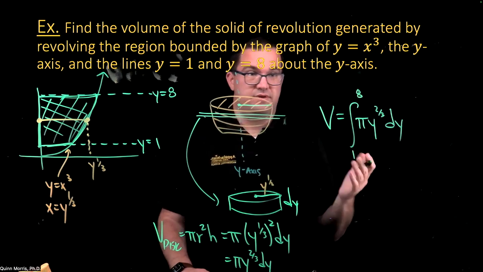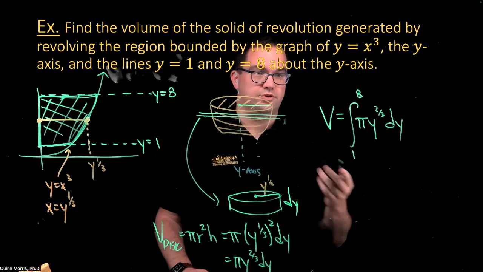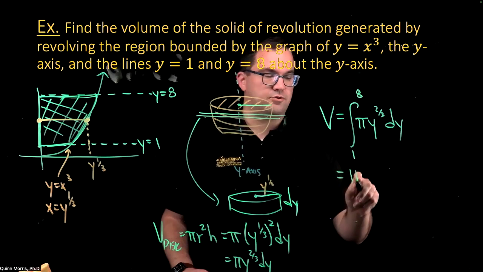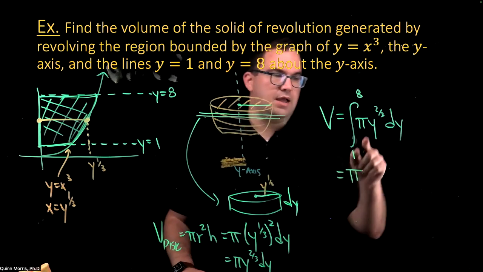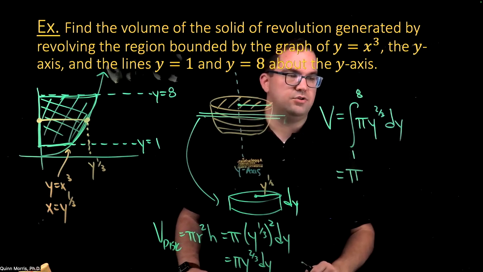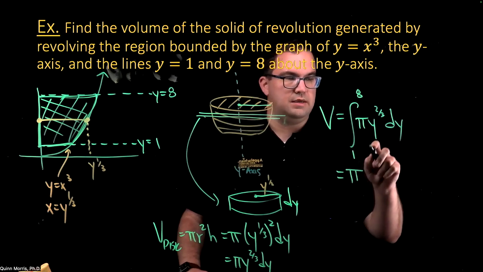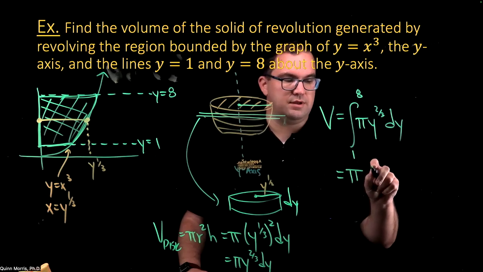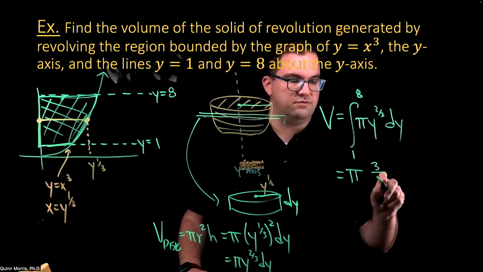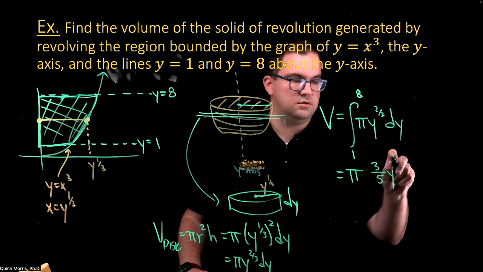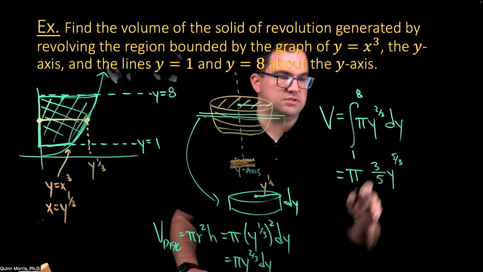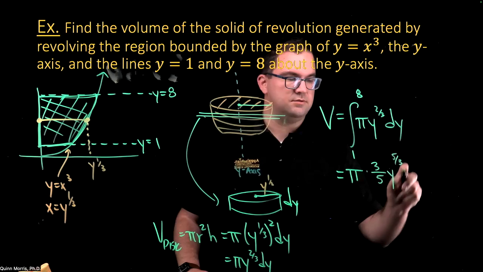And now again here I have a very nice expression for the total volume. So if I factor the pi out of this integral, the antiderivative of y to the 2/3 will be, I'm going to increase the power by 1, so it'll give me y to the 5/3 divided by 5/3. Dividing by 5/3 is the same as multiplying by 3/5.